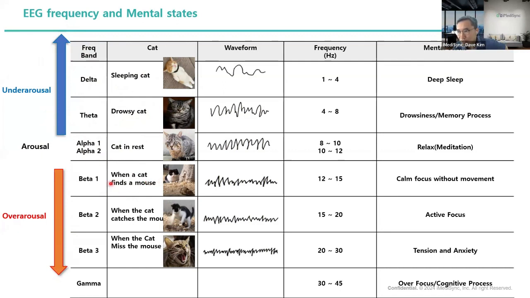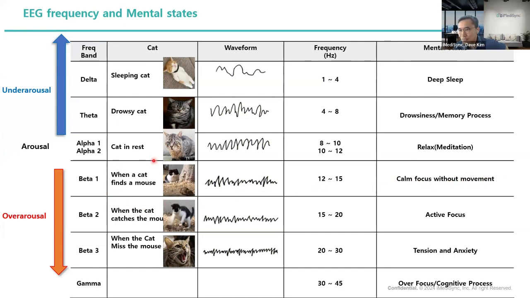This is beta 1: when the cat finds the mouse, usually the cat brain generates the beta 1 rhythm. That means calm focus without movement. It is a very important brain rhythm.